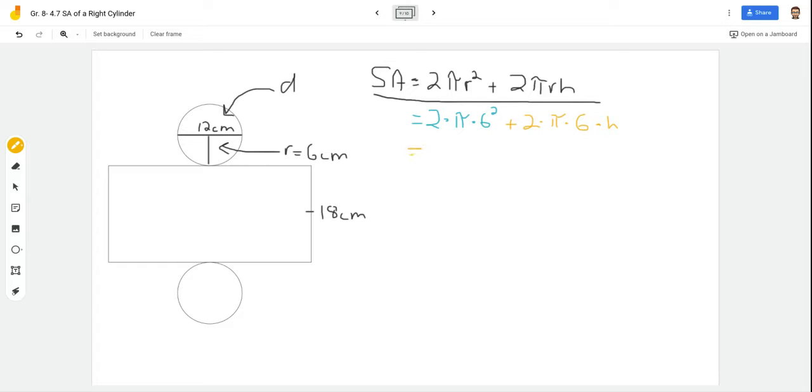Now, it doesn't matter how you do this. If you have a calculator that you can type it all in at once, or you can break it down into its components. So I can do 2 multiplied by pi multiplied by 6 squared. So you take out your calculator.